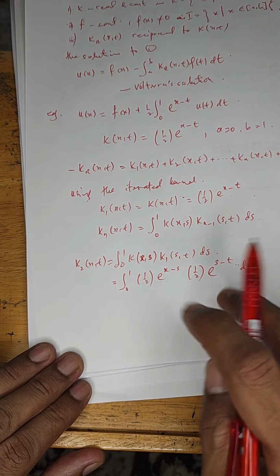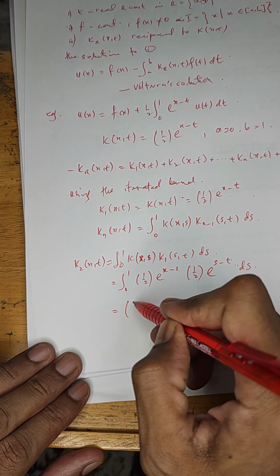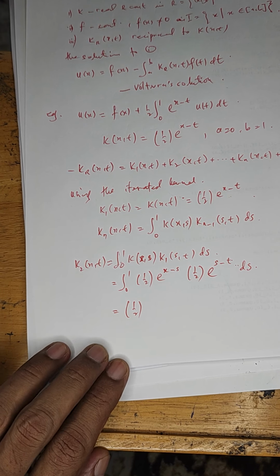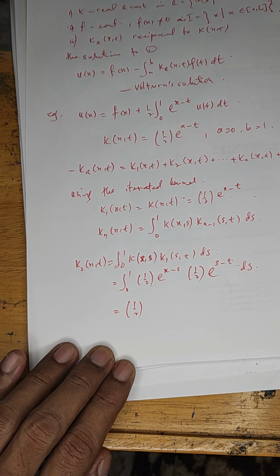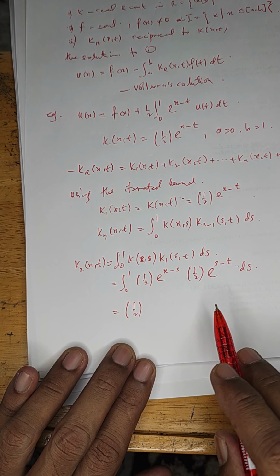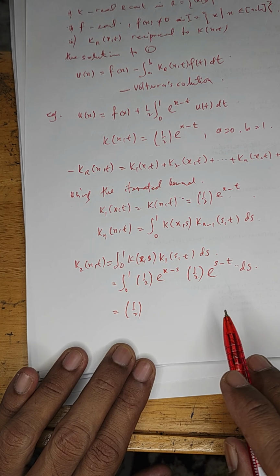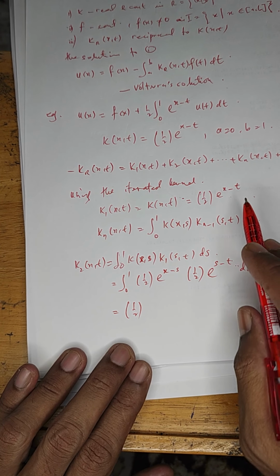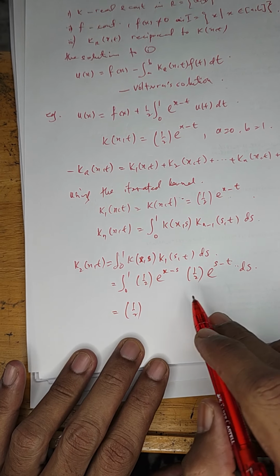Again, this is quite simple. You can solve this. You can take out half, and this is half squared.